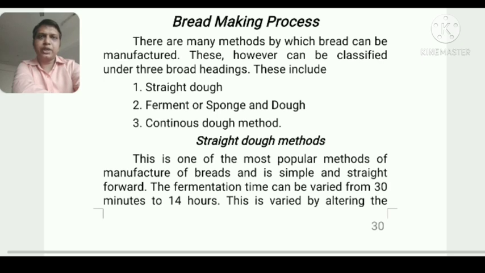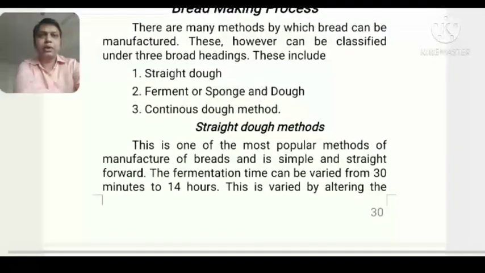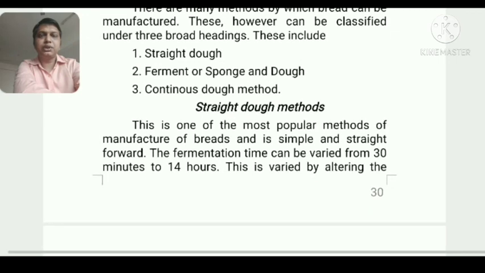For variation, we make some changes. We change the ratios of flour, yeast, sugar, water, and the most important thing, the method. The most important part in making a bread is the method we use, which will lead to a different product after baking.